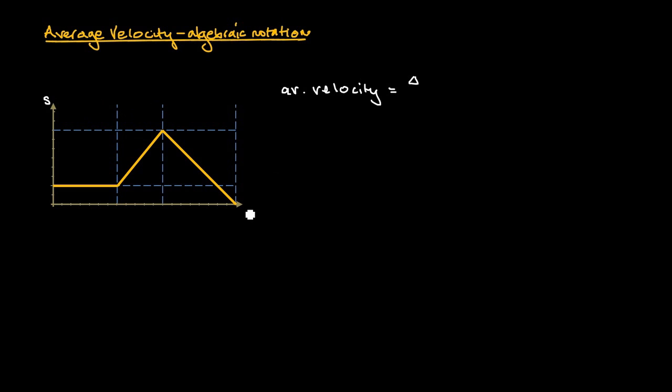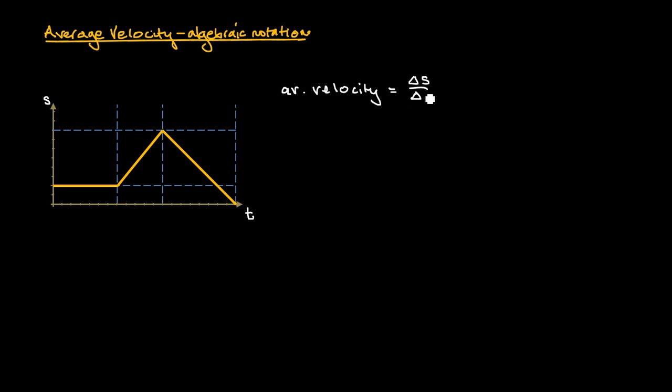So we'll call this the s-axis and this the t-axis, so s and t. So it's the change from, if we look at something like this, at this stage here, it's the rise, in other words, which is the change in the distance values here. So how much up it goes is the change in distance. So we say delta s over the change in time over that period.